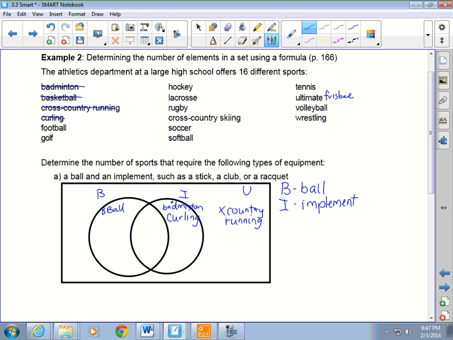Football is a ball. Golf requires a ball and a club, so golf would go in here. Hockey requires a puck and a stick, but it's not a ball, so that goes under the implement.